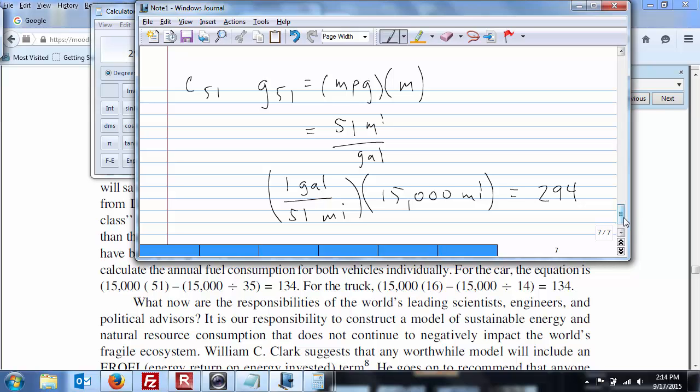Okay, so the fuel efficient car is going to burn 294 gallons.